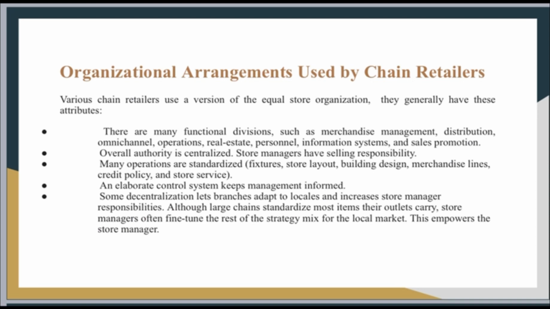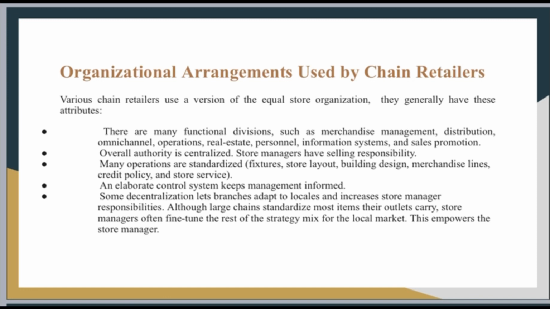Next is the organizational arrangement used by chain retailers. Various chain retailers use a version of the equal store organization. They generally have these attributes. There are many functional divisions such as merchandise management, distribution, omni-channel, operations, real estate, personnel, information systems, and sales promotion. Overall authority is centralized.